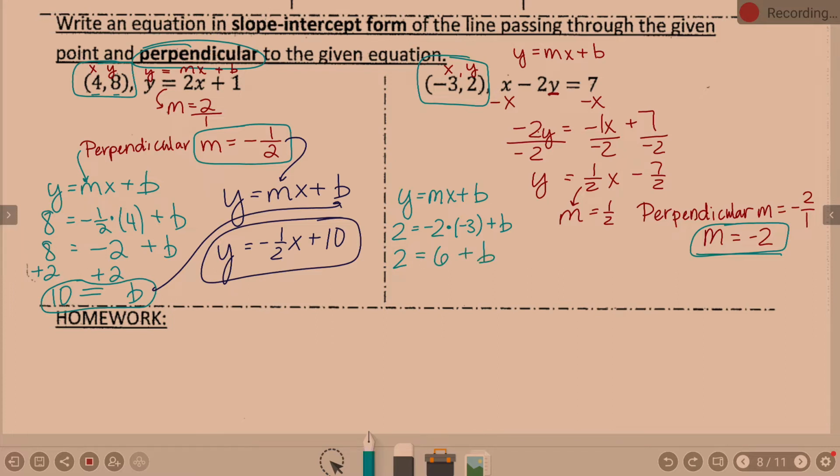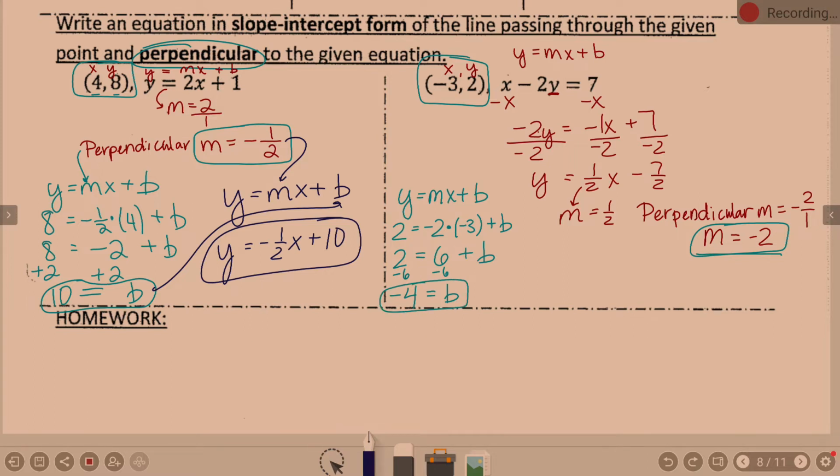I do try and make my b's and 6's different so you can tell them apart. If it's b plus 6, or to get the 6 over away from the b, we need to subtract 6. 2 minus 6 is negative 4. Yeah.